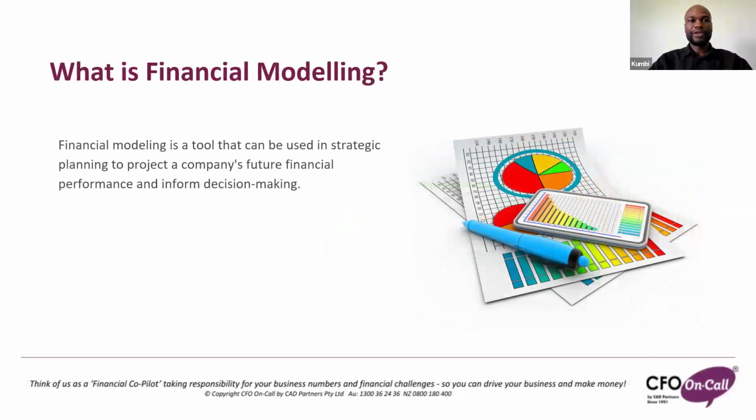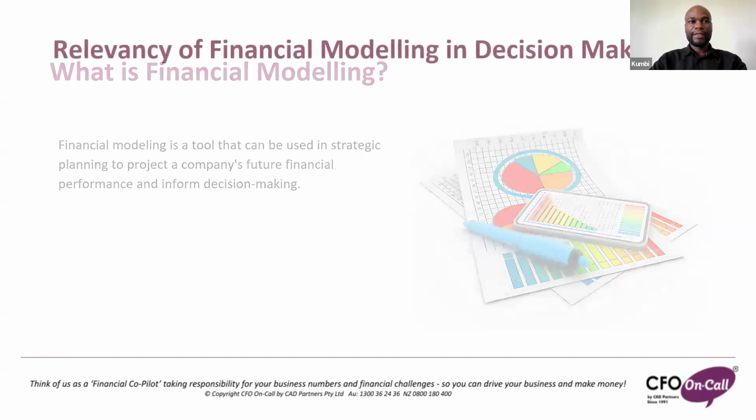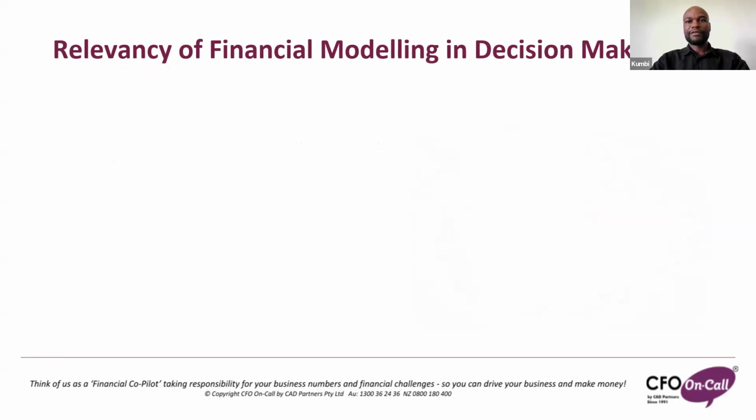So to kick off, we're going to define financial modeling. Like I've said, this is a tool that is used for decision making. So we can use it for strategic planning purposes by looking at the future performance of a project or the business as a whole. And the relevance of financial modeling in business and decision making: usually we have to look at businesses as a life cycle.